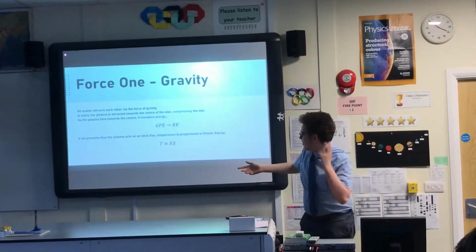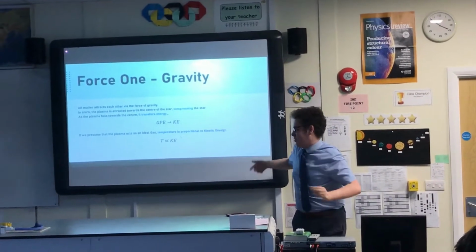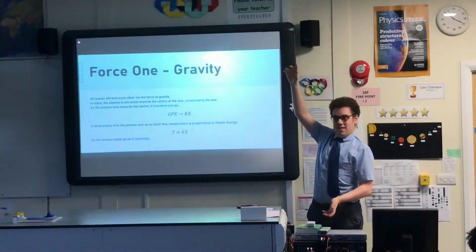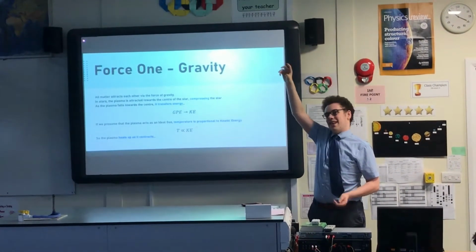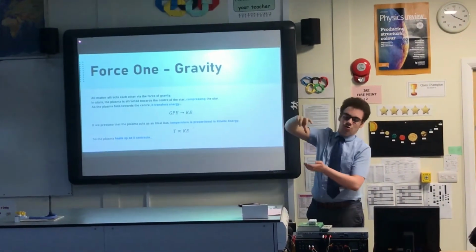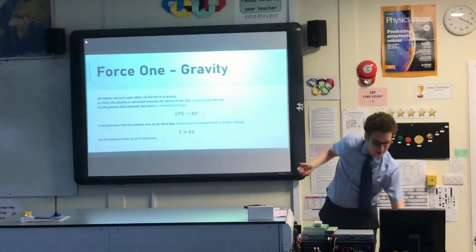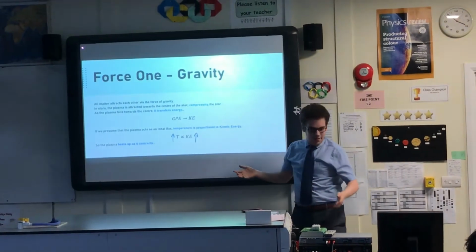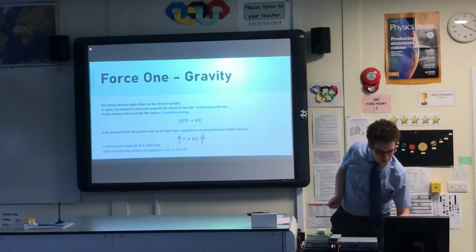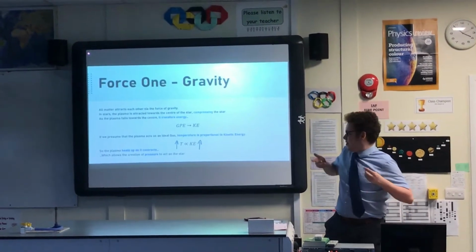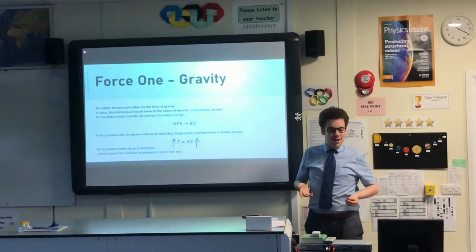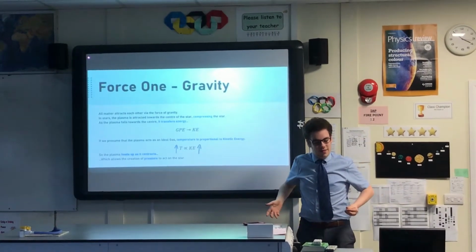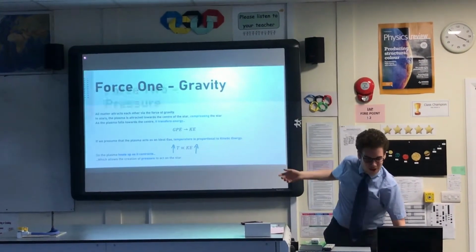So here we have T is proportional to KE. Now, as plasma is gaining this kinetic energy by falling towards the star, it heats up. So both of them will increase. And at some point, this temperature becomes so great that it allows the creation of pressure to act on the star. So let's go on to the second force, which is pressure.